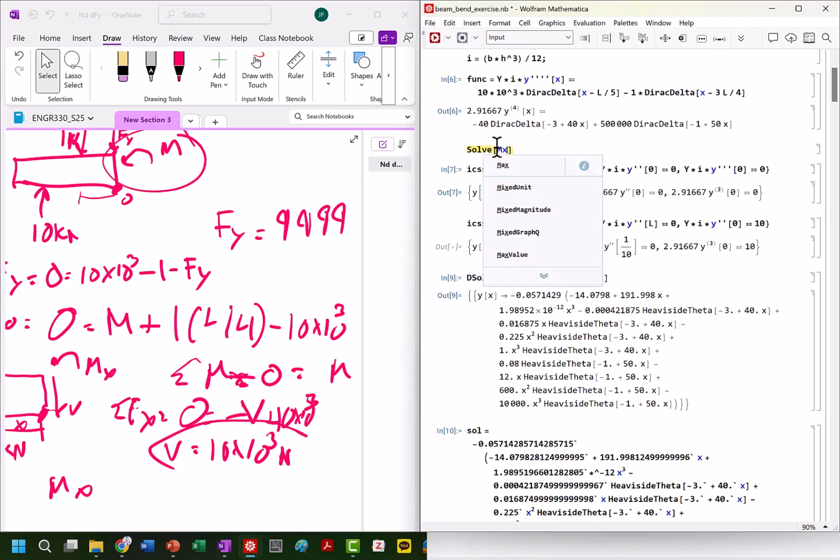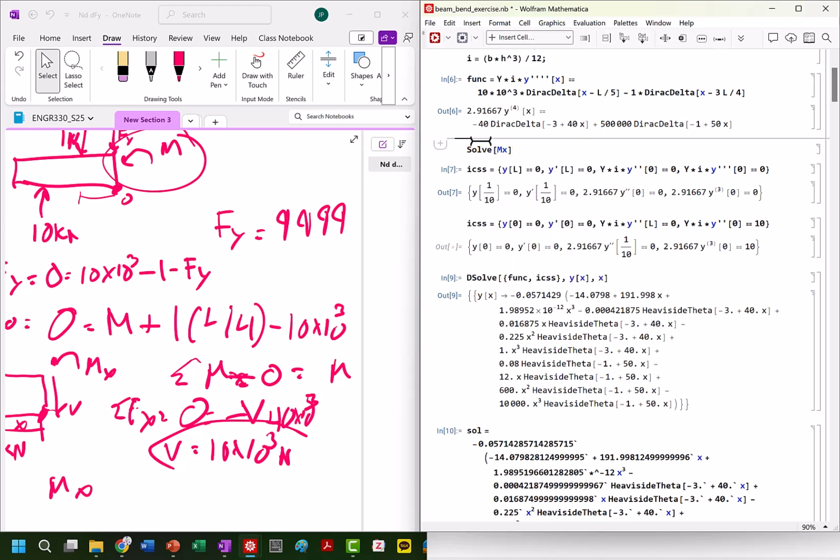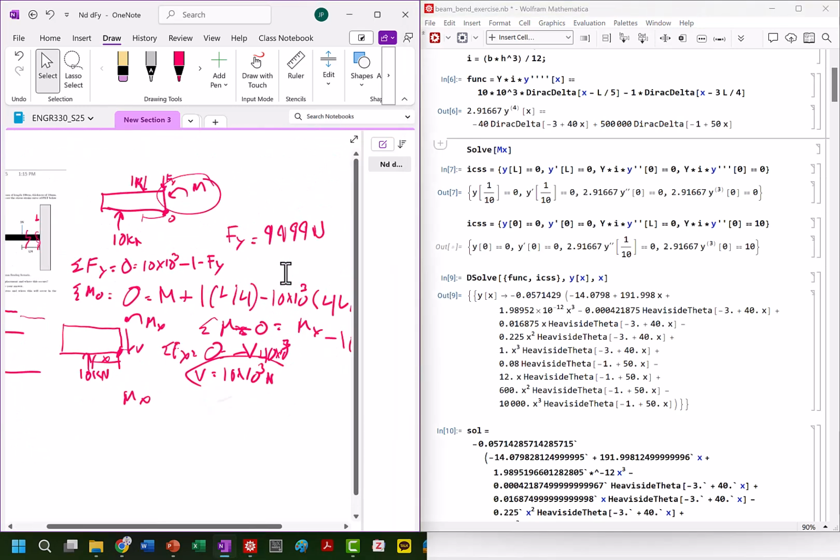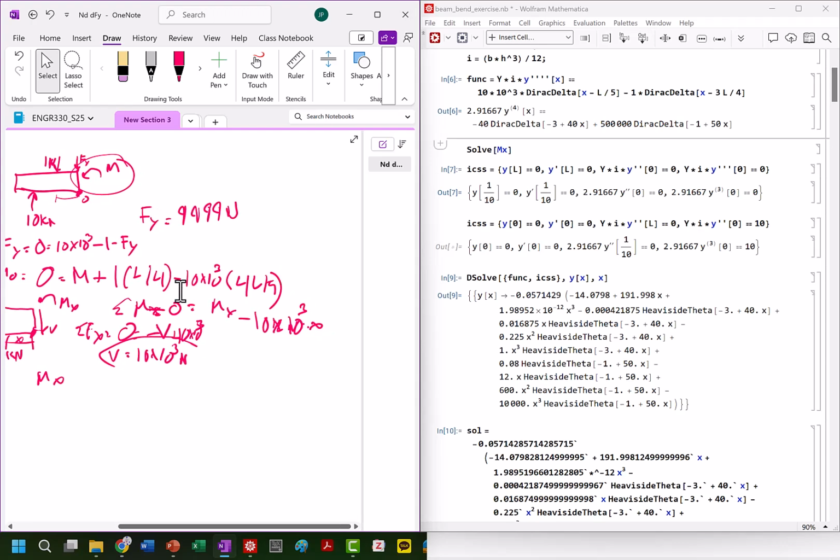So we're going to solve that. mx is going to be equal to, and actually I'm going to define my moment as well. We defined from our statics diagram that our moment is equal to this.